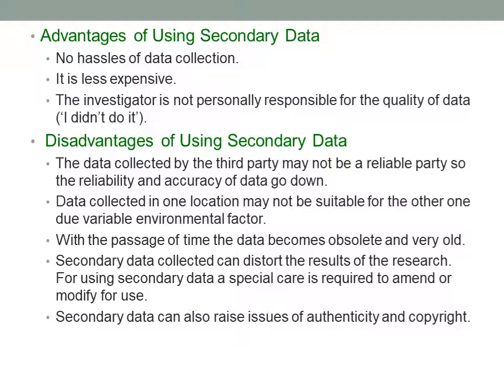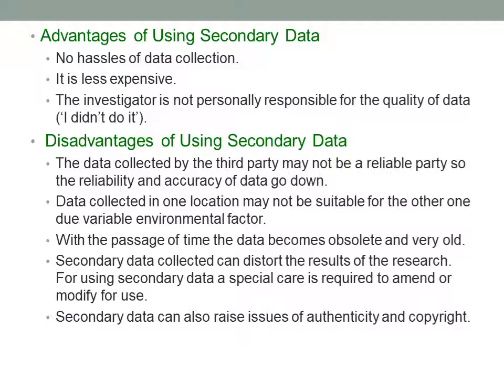Then the third disadvantage is that secondary data can become obsolete and very old with the passage of time. That could be due to technology improvements or some other means. These data might not be valid for the setting in which you are doing your research.